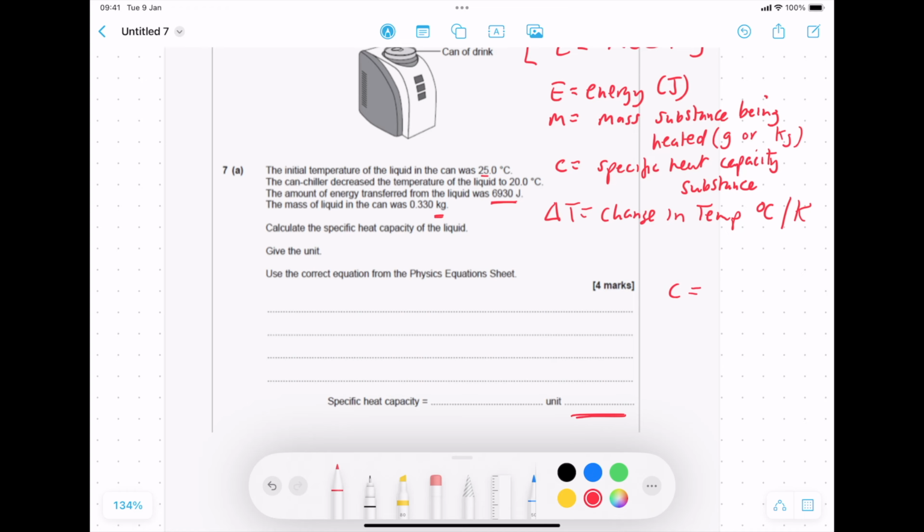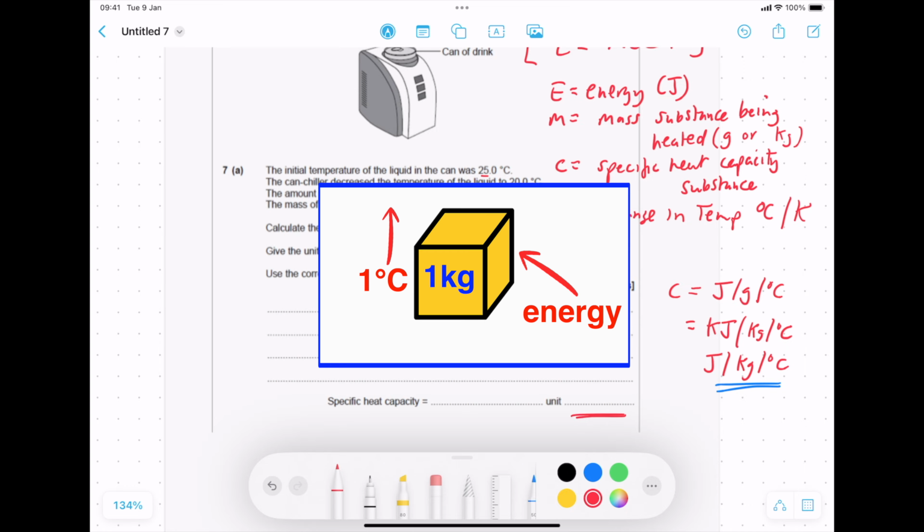You can either quote it as joules per gram per degree C, or kilojoules per kg degree C, or we could just leave it in joules per kilogram per degree C. It really is up to you. So I'm going to use this bottom unit. And just a quick recap, the specific heat capacity is the energy required to raise, let's use kilograms, 1 kilogram of a substance by 1 degree C. Energy required to raise 1 kilogram of a substance by 1 degree C.